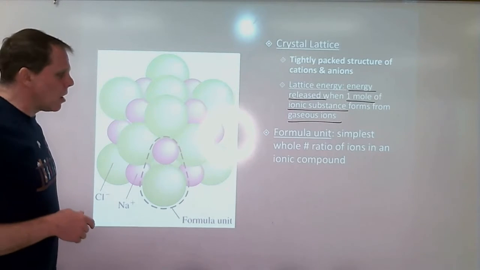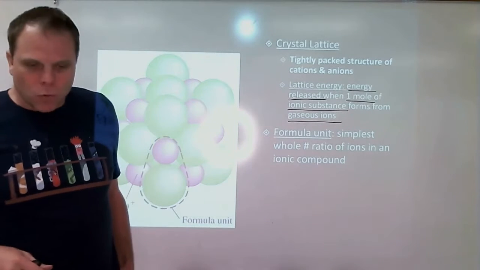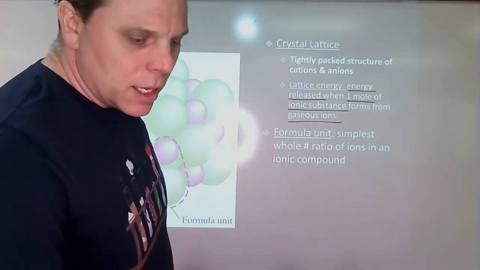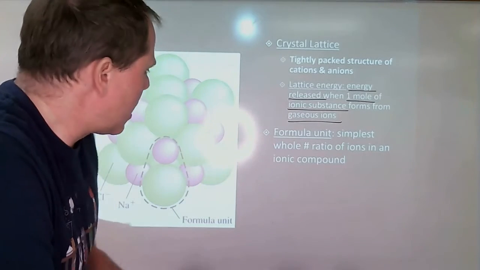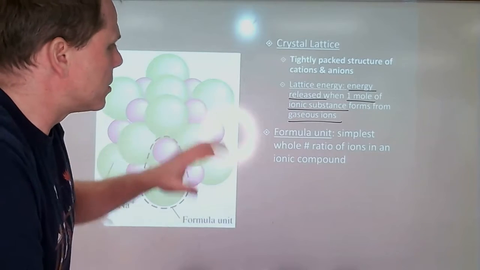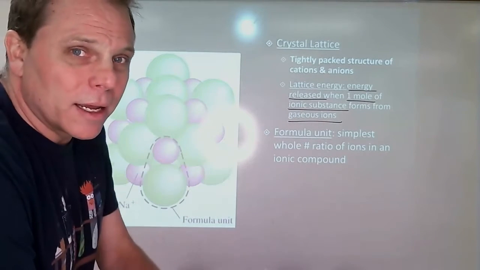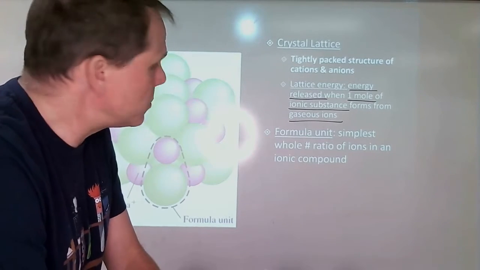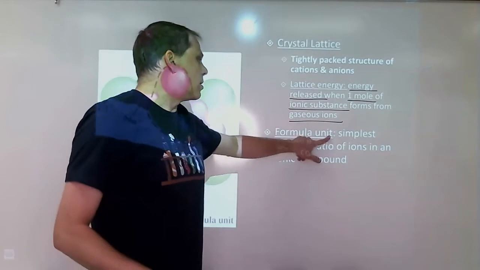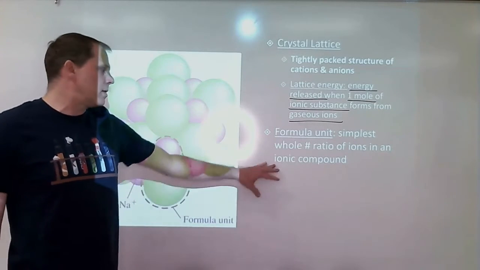All right, so we also have an interesting name. It's called the formula unit. When we talk about a molecule, okay, we talk about having a molecular compound, but we really want to refer to the ionic compounds with formula units. Okay, the reason we use this term is because we want to talk about the whole number ratio of ions that are in that compound.